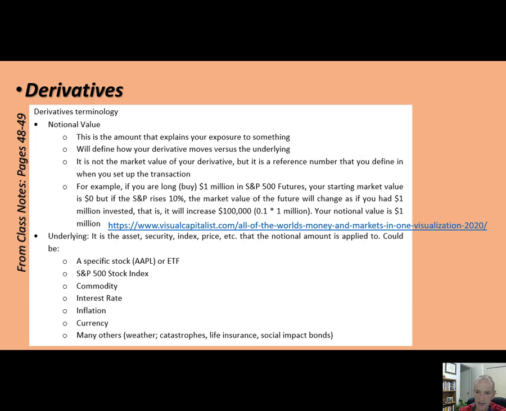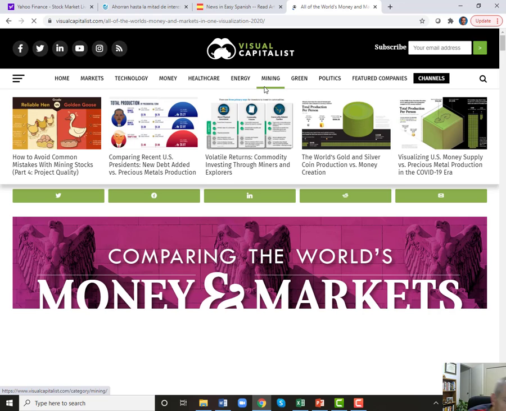But as that transaction changes in value, my market value will change, and that market value will be determined by the notional amount. The notional amount will tell you how much my gain or loss is. And so notional amount's kind of a tough concept, but it's truly amazing how much the notional amount is out there on the market.